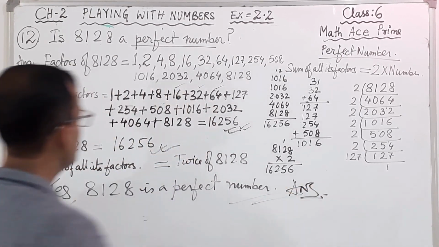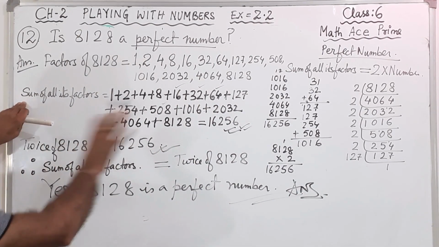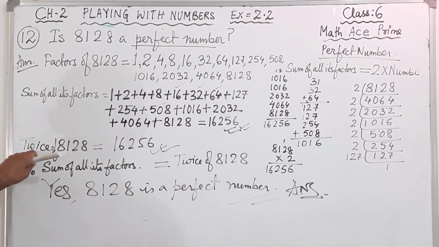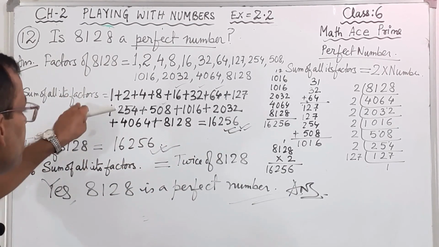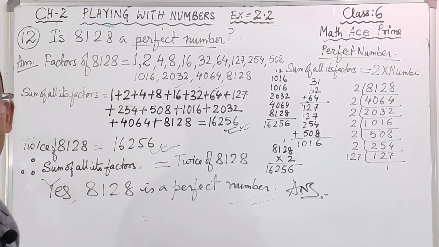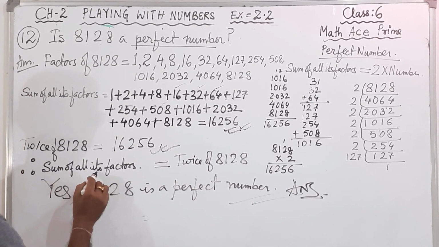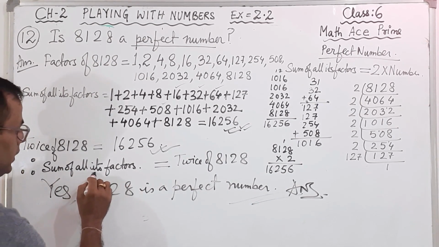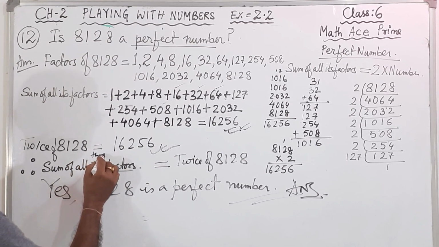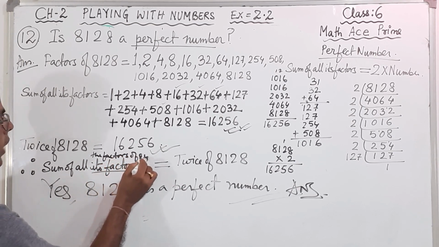Clear now? So you have to first find out the sum of all its factors, and then you have to check whether it is twice that number or not. If both are coming the same, then only you can say so. You can write the sum of all the factors of 8128.